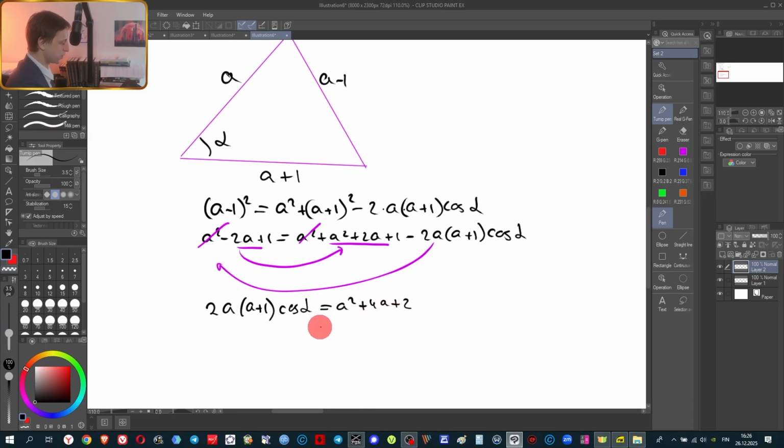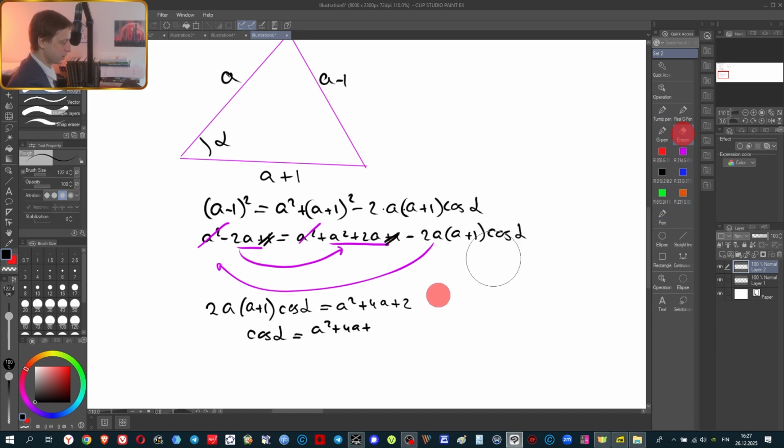Perfect. And here we have that cosine alpha equals A squared plus 4A plus, I'm sorry, not plus 2. Of course, here we have just 1 cancels out. Perfect that I noticed it right away. Usually I try to check myself during the process, and it helps greatly.